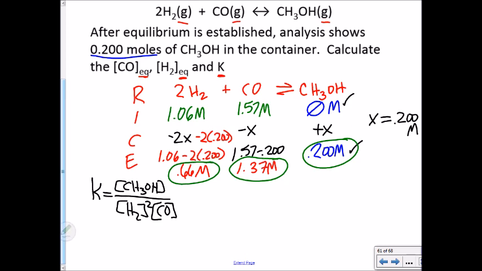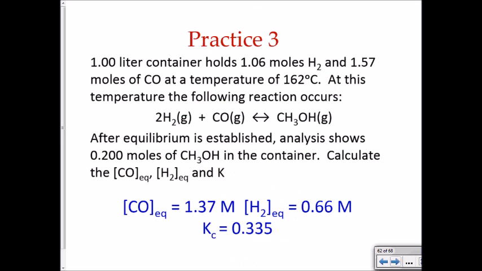So then, we just plug and chug now. 0.2 on the top over 0.66 squared times 1.37. Correct? And we end up with what? Did you get those answers?